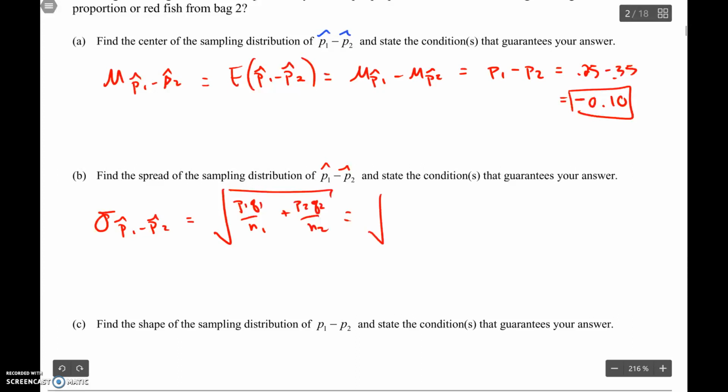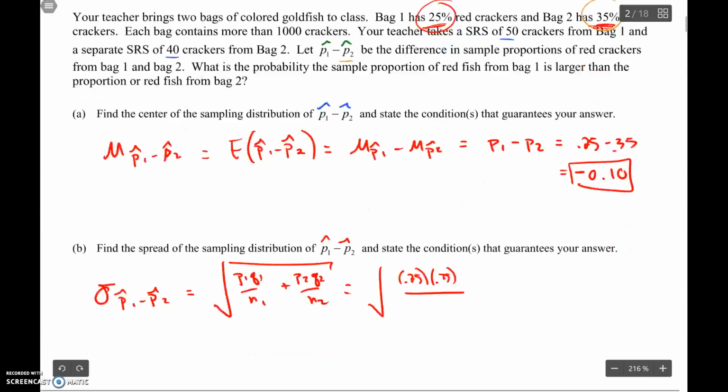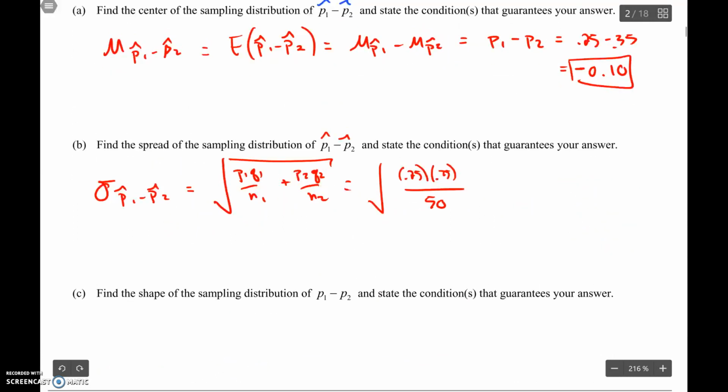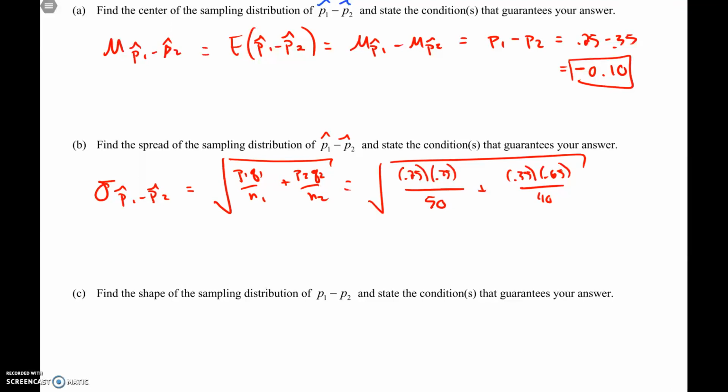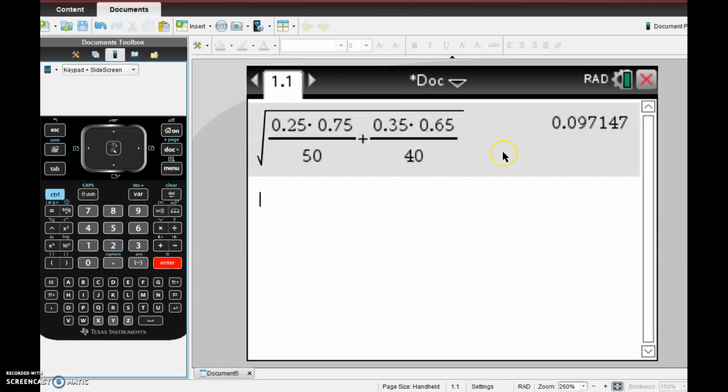Plug the values in. 0.25, 0.75. We took 50 out of the first bag, plus 0.35, 0.65. Took 40 out of the second bag. So I've typed that into my calculator right here. Hit enter. 0.097.